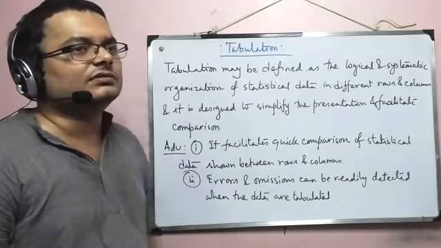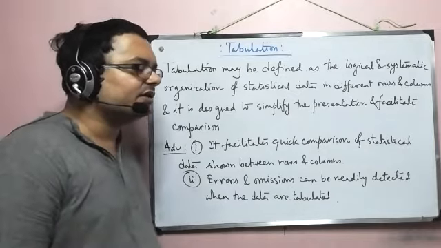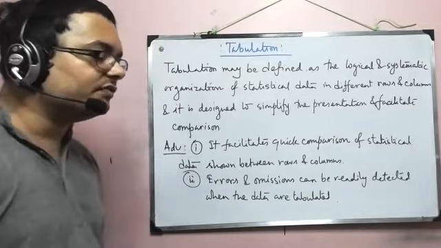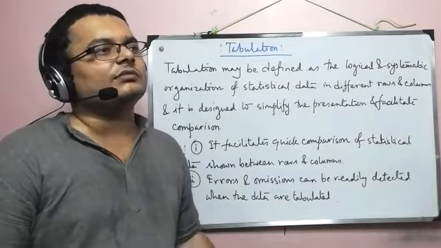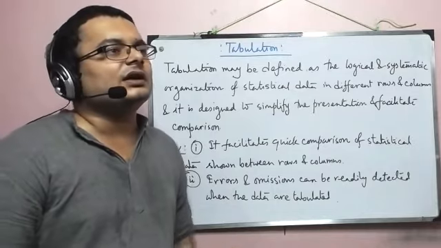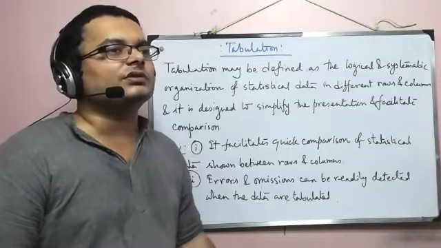For example, you are collecting data on family size, and you are going for nuclear families. Okay, nuclear families, by definition I'll say, one family which doesn't really go beyond two generations.